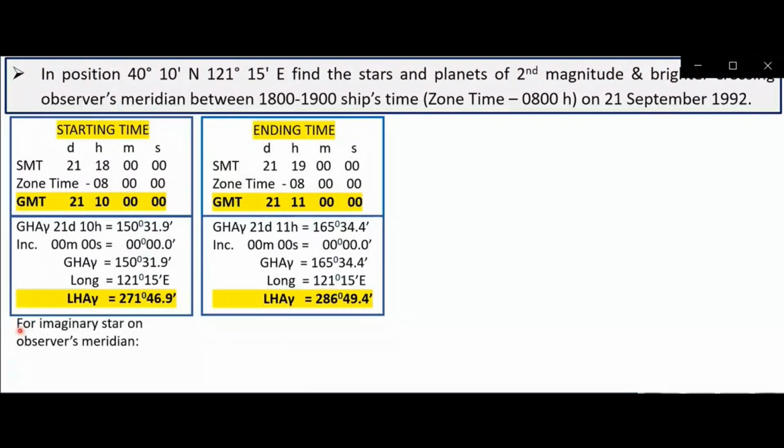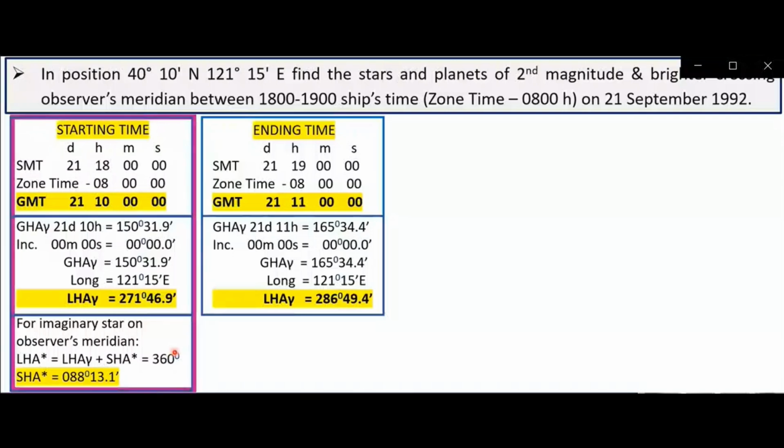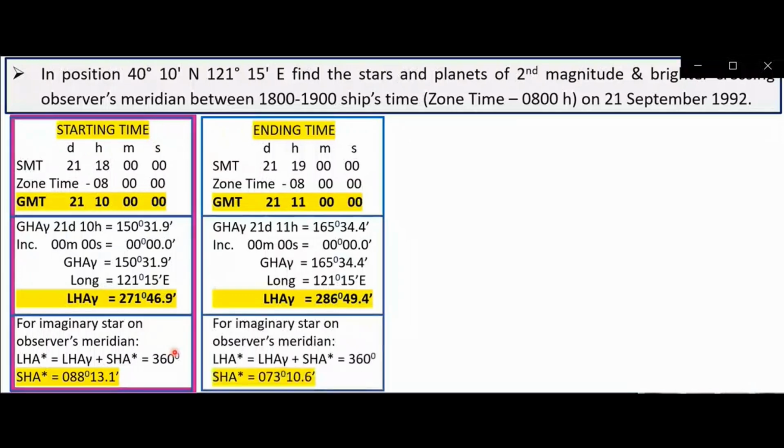So for imaginary star on the observer's meridian at the commencement of the interval, LHA star, which is equal to 360 degrees, will be equal to LHA Aries of 271 degrees 46.9 minutes plus SHA star, which gives us the value of SHA star to be 088 degrees 13.1 minutes at the commencement of the required interval. Exactly the same way we can get the SHA of the imaginary star on the observer's meridian at the end of the interval.